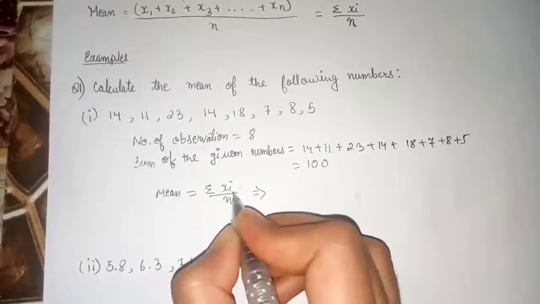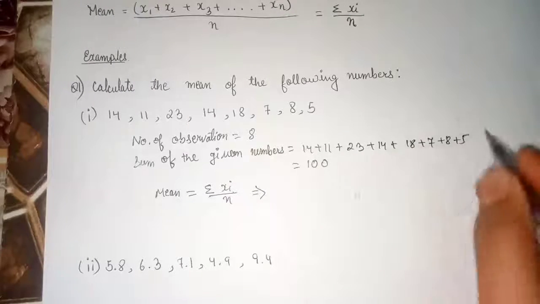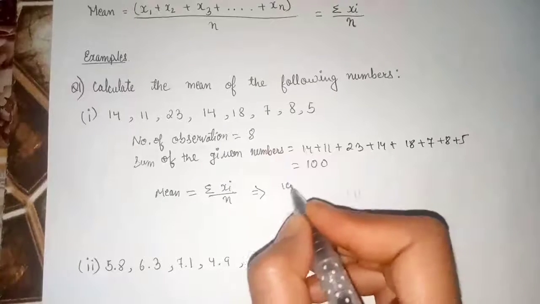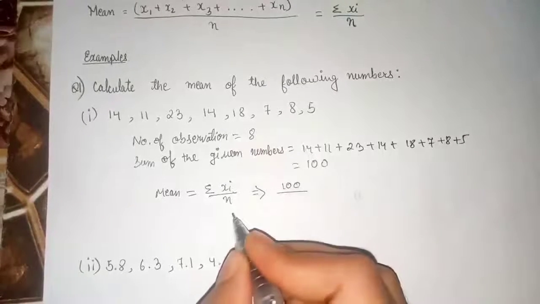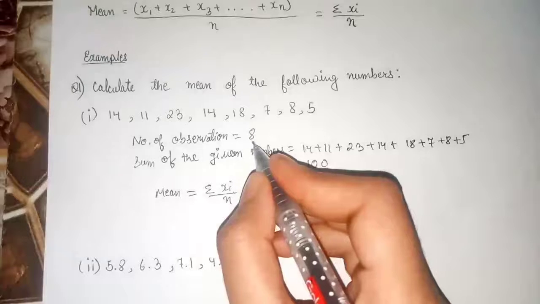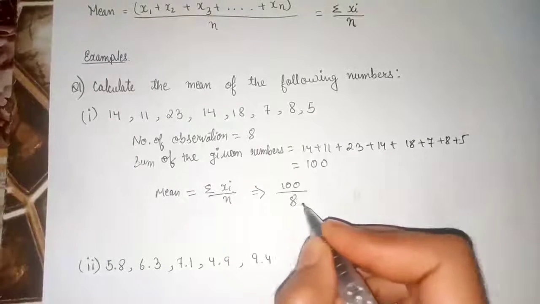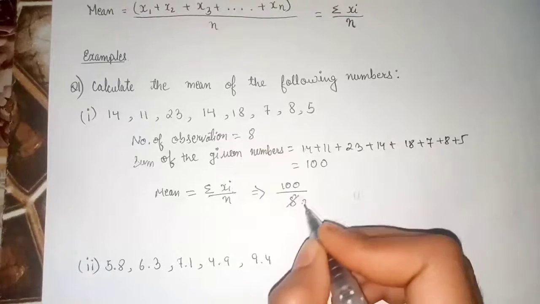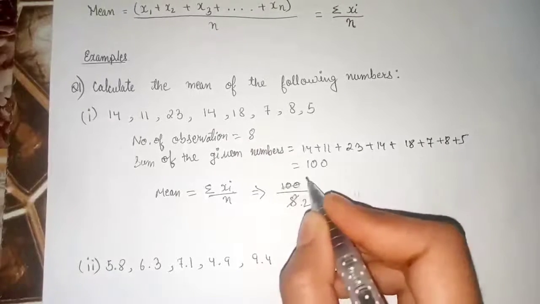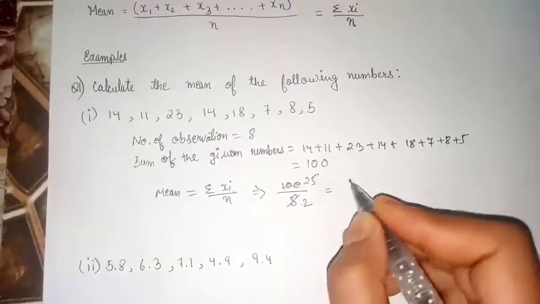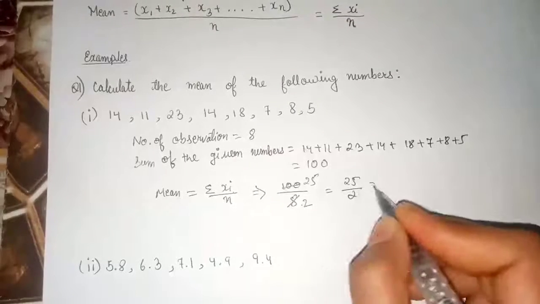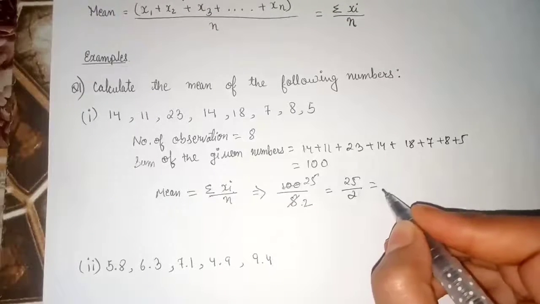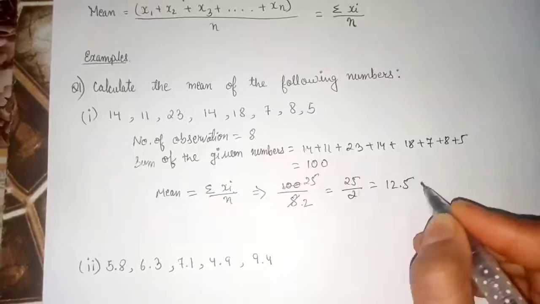Summation of xi means sum of all the given numbers, that is 100, divided by n, the number of observations, that is 8. So when you cut it, 4 2s are 8 and 4 25s are 100. So 25 by 2. So answer is 12.5.